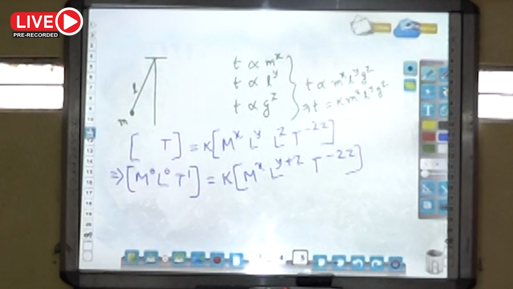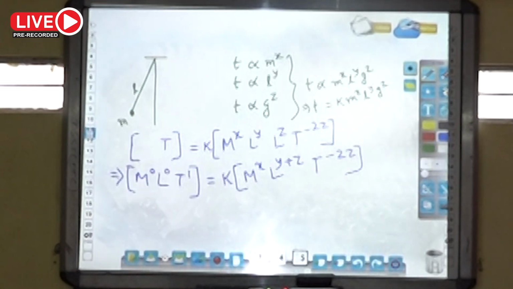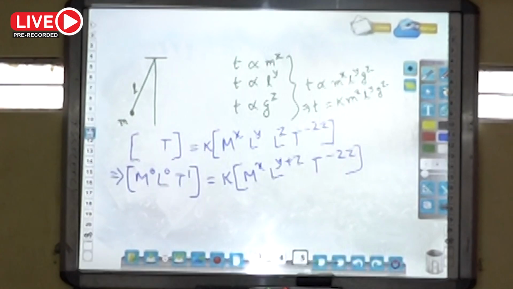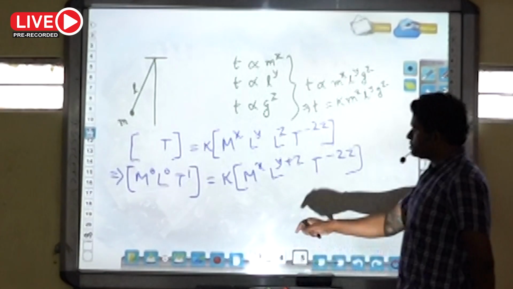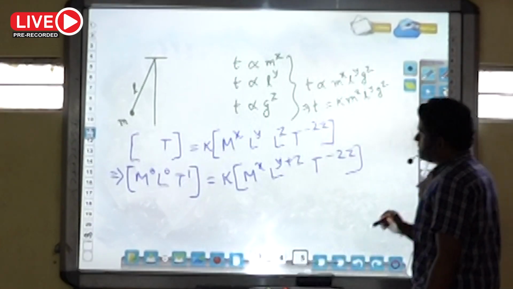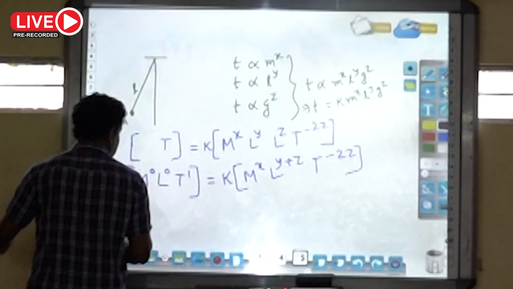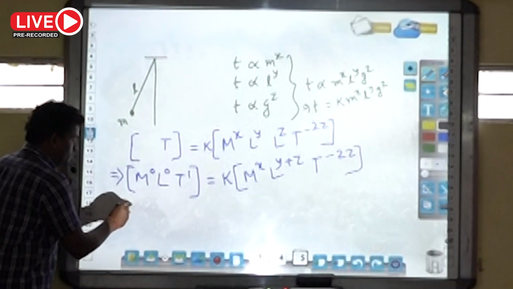Done. Now from both sides equate the powers of m, powers of l, powers of t. So equating the powers of m from both sides, I can write that x equal to 0.